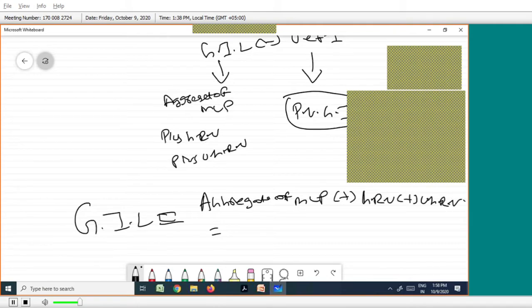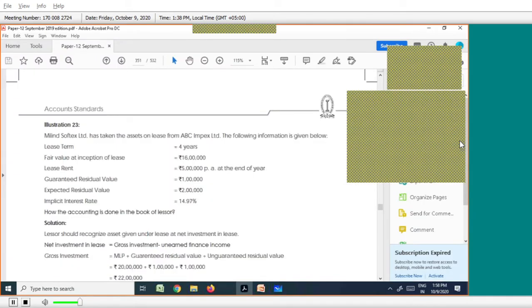What is the total answer? Don't look at the input material answer. Just look at the question and tell me. Aggregate of MLP plus guaranteed residual value plus unguaranteed residual value, total is how much, as per the question? 22 lakhs from Darshini. What about others?